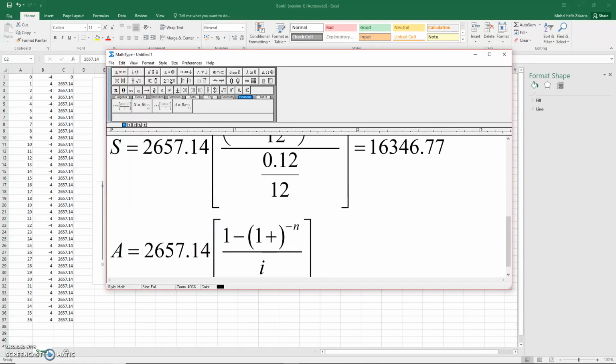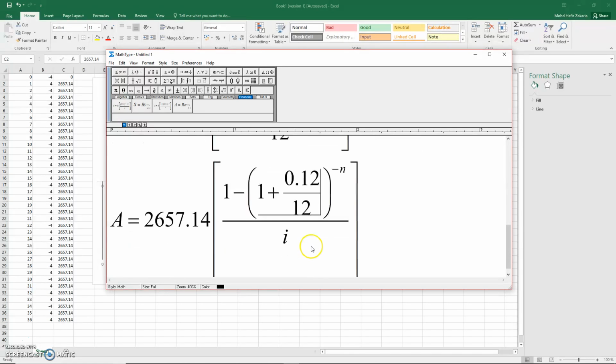I'll just substitute it here. The real issue here is what the value of n is. To answer that, we need to look at how many times are left to make the payment. As we calculated before, 36 minus 5, so 31 times left.